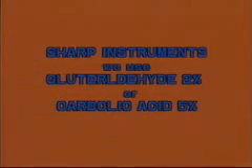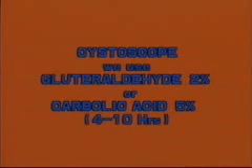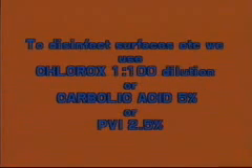To disinfect sharp instruments, we use 2% glutaraldehyde or 5% carbolic acid. To disinfect a cystoscope, we use 2% glutaraldehyde or 5% carbolic acid. And to disinfect surfaces, we use Clorox at 1:100 dilution, or 5% carbolic acid, or 2.5% povidone iodine.